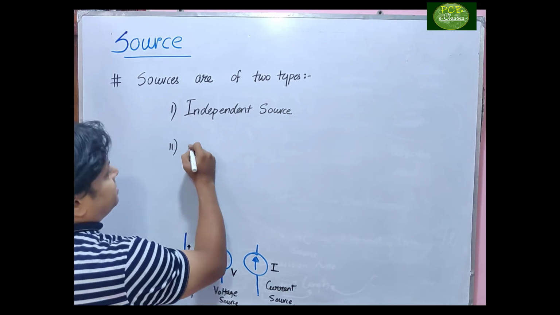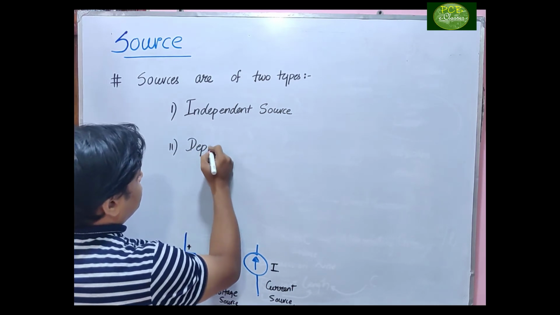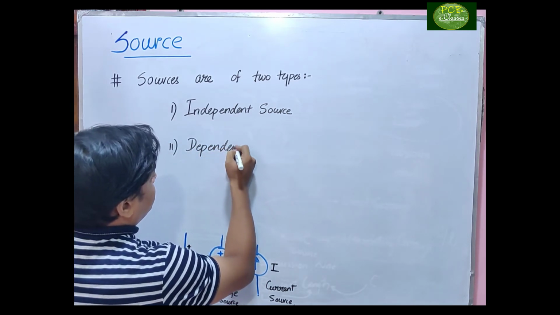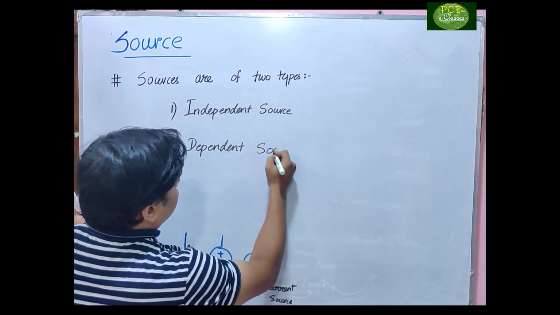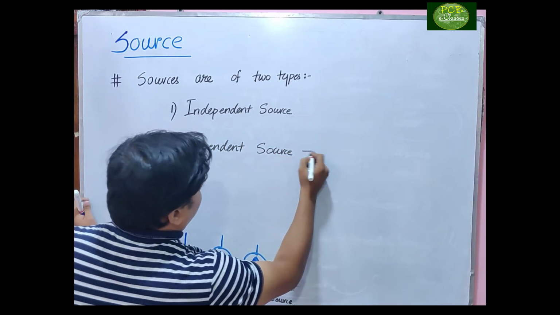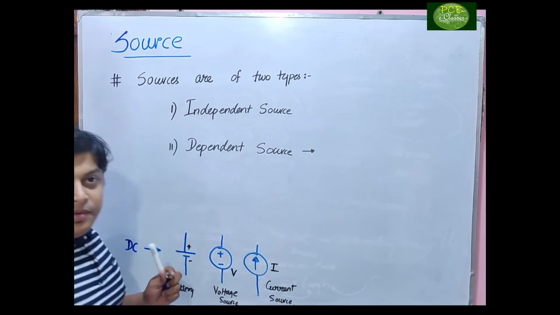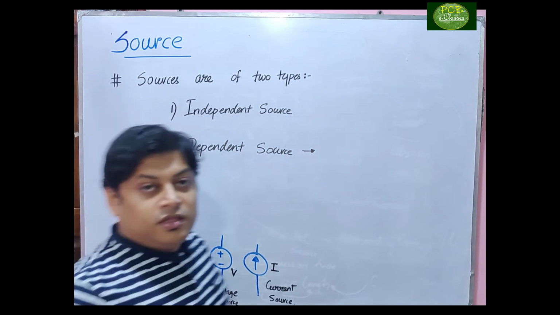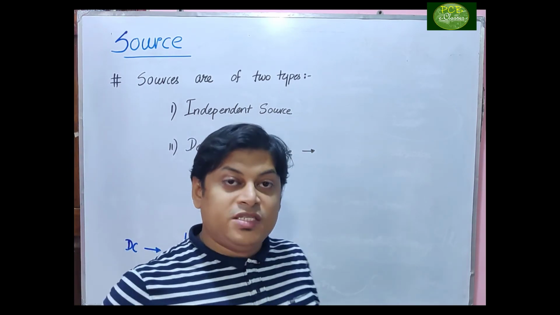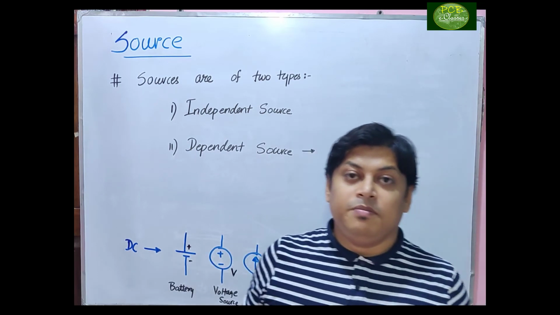Second one is dependent source. What does it mean? Dependent source means the source which depends on a parameter of a passive element.